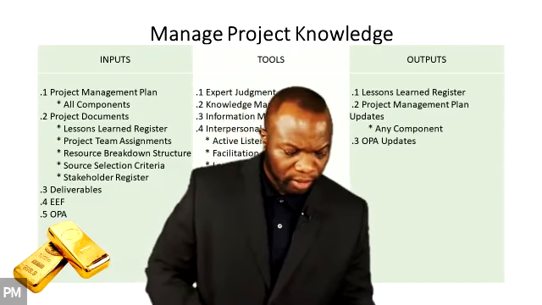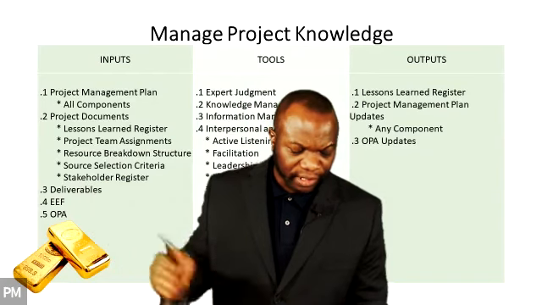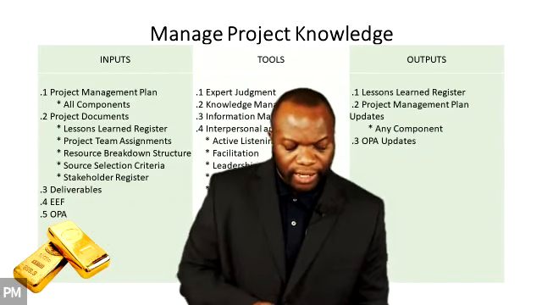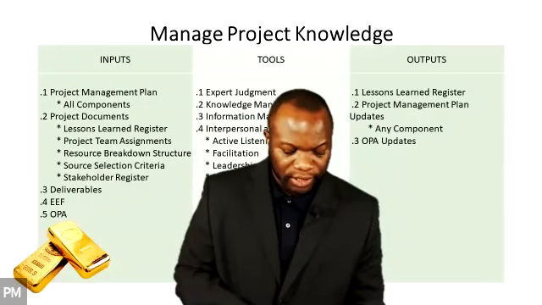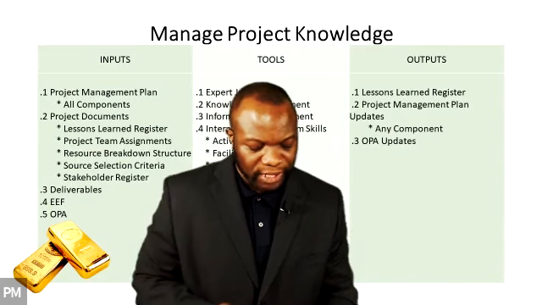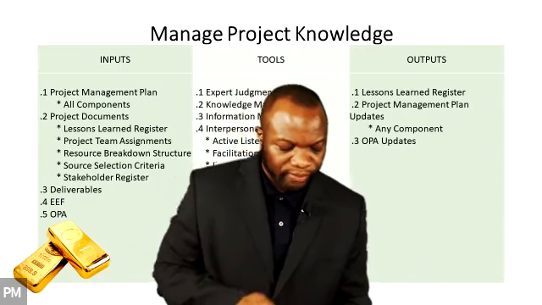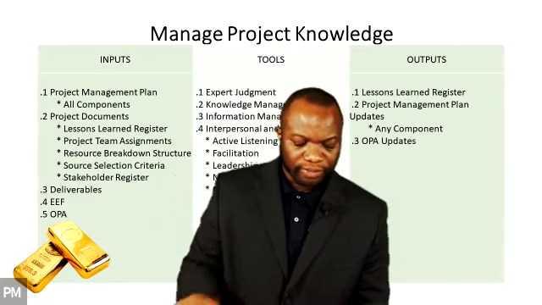Okay? The next input, we talked about this on a previous slide, deliverables. It says any unique and verifiable product, result, or capability to perform a service. It says deliverables are typically tangible components completed to meet the project objectives and can include components of the project management plan.